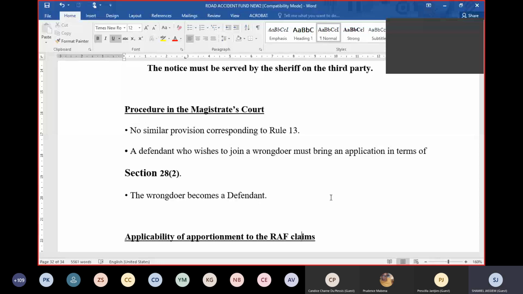Now, based on what we said yesterday, the RAF will step into the shoes of the common law wrongdoer, or as the Act states, the RAF will step into the shoes of the insured driver. Now, in this example, I was the driver and there was a driver B as well. In this example, into whose shoes will the RAF step if I'm the plaintiff?